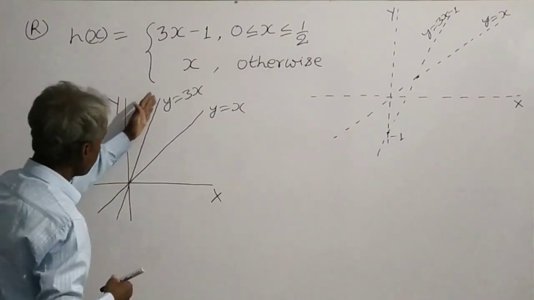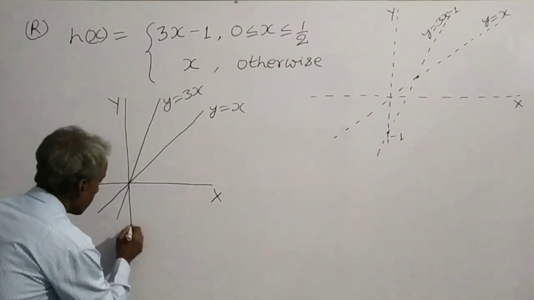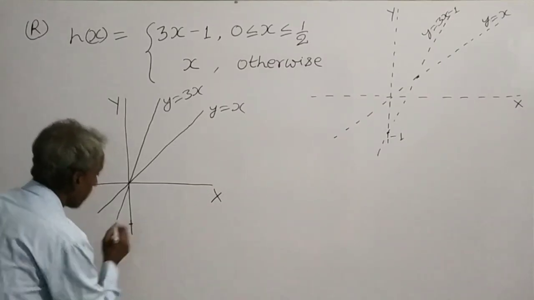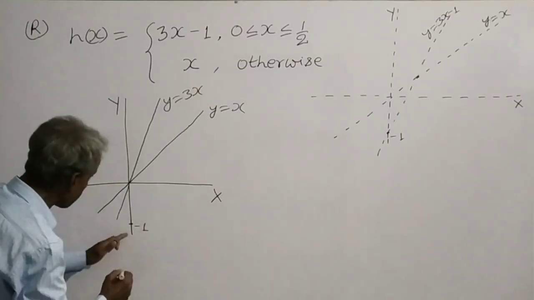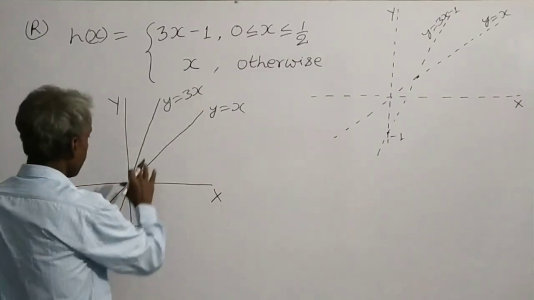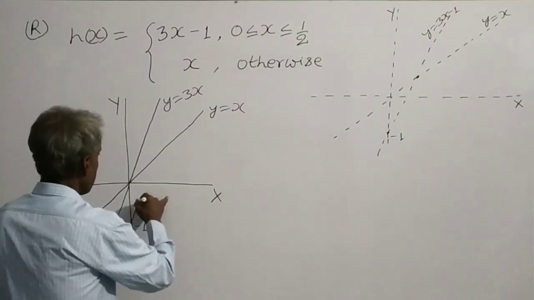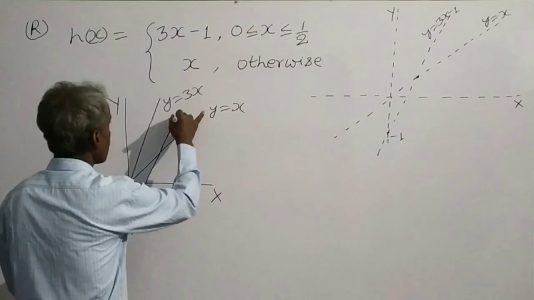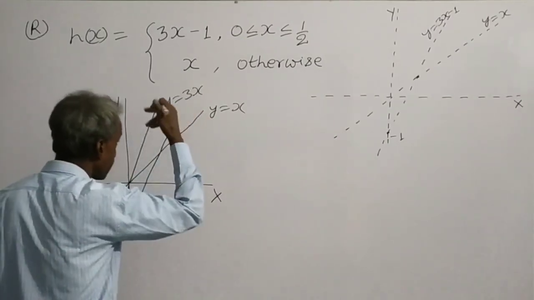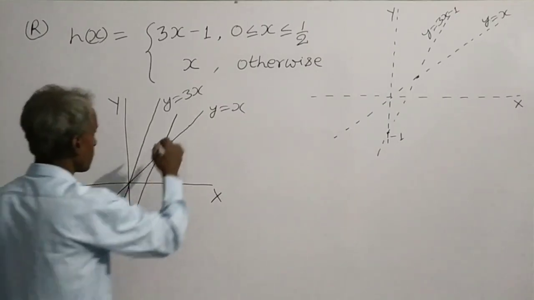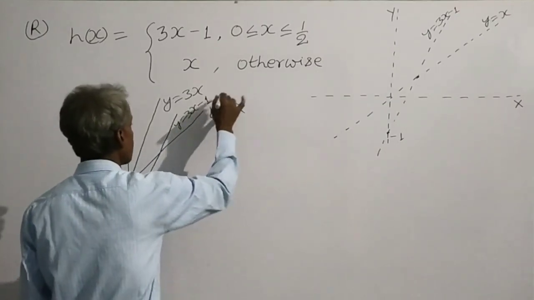When we shift this line 1 unit below, the y coordinate minus 1 unit, then we get the line y equals 3x minus 1.